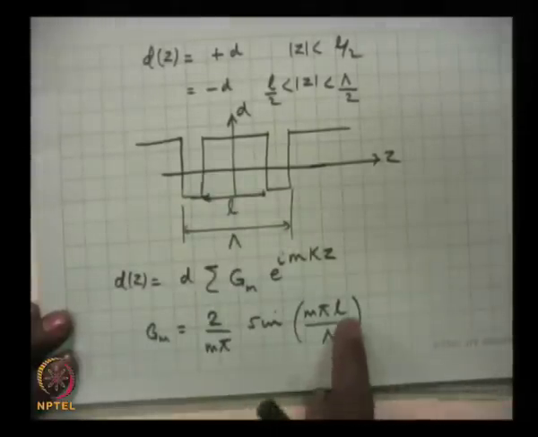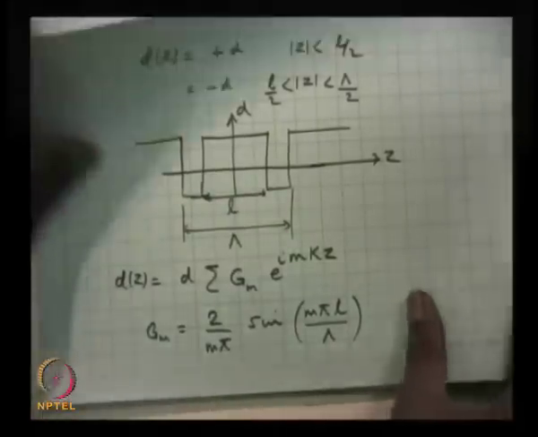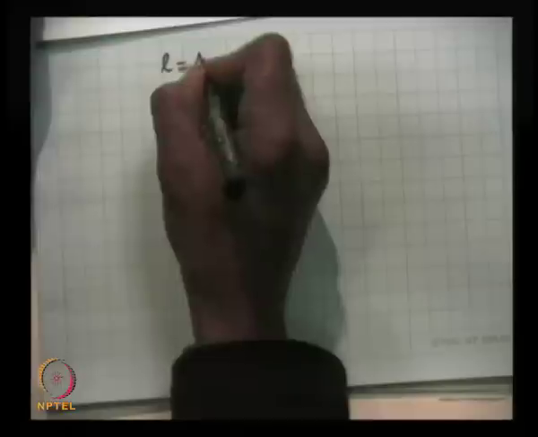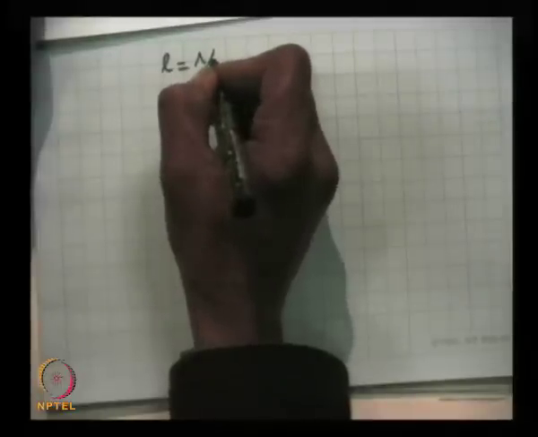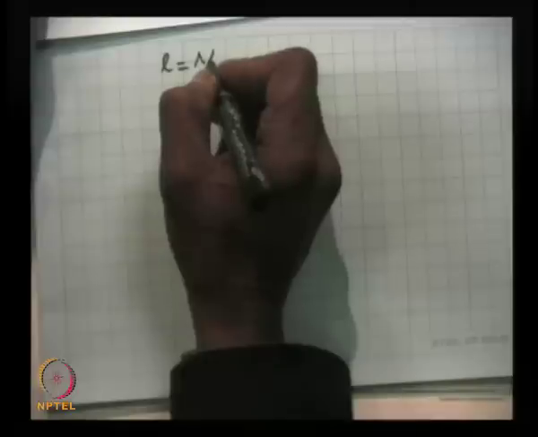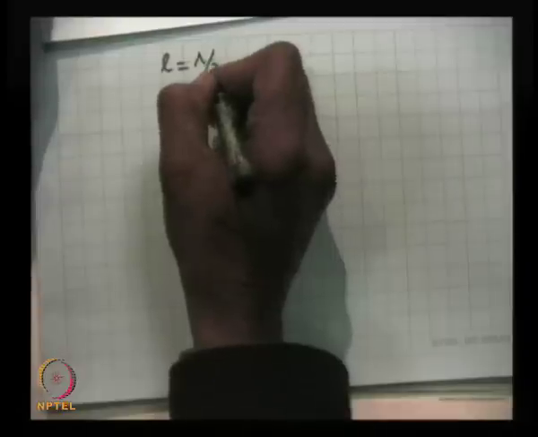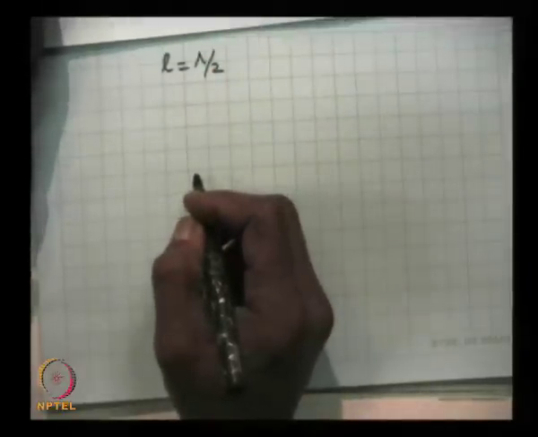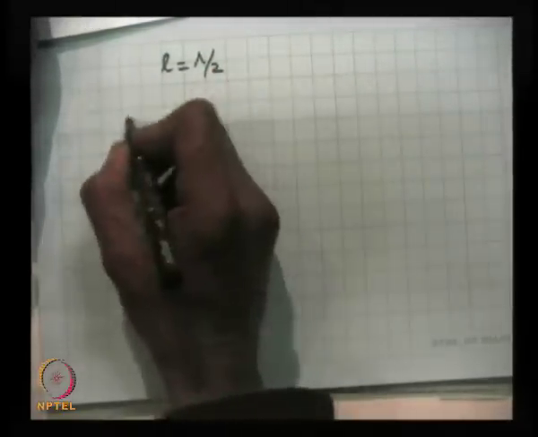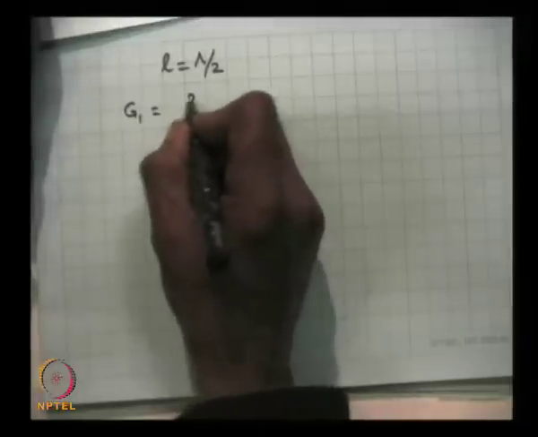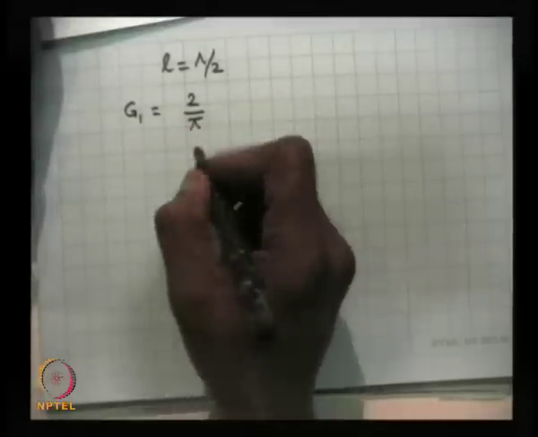So if I take L is equal to lambda by 2, then G1 will be 2 by pi, what will be G2?